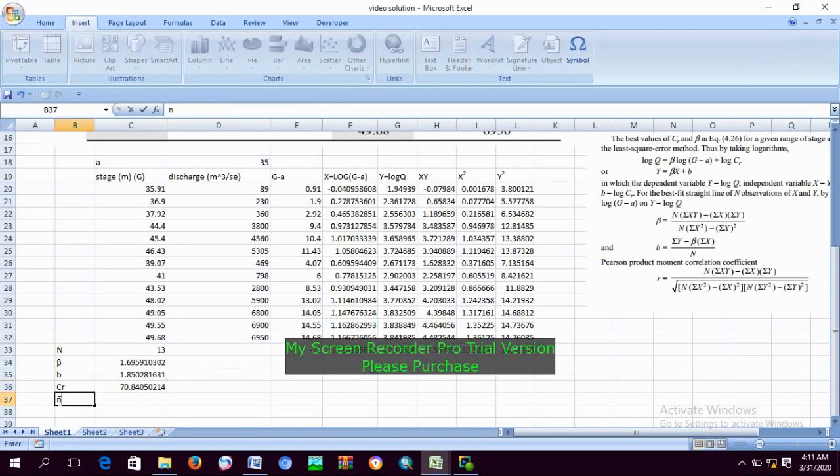The numerator is n times the summation of xy minus the summation of x times the summation of y, where n is 13. We can use brackets.